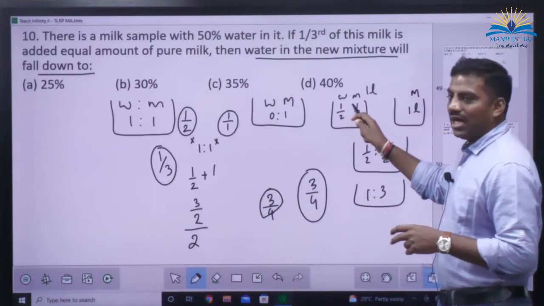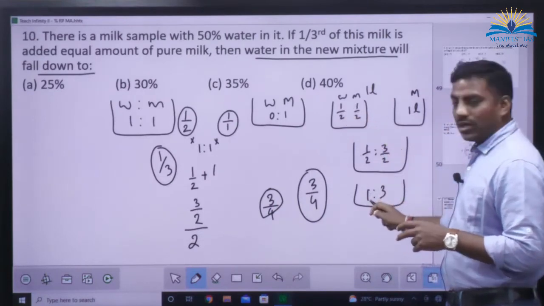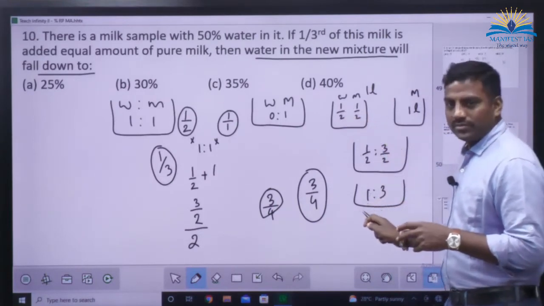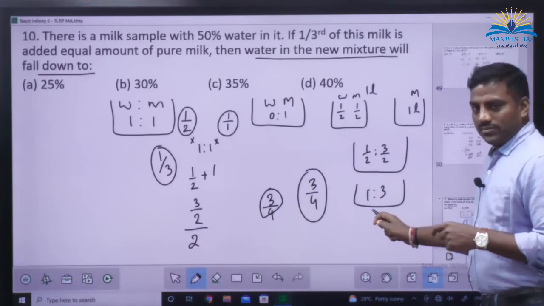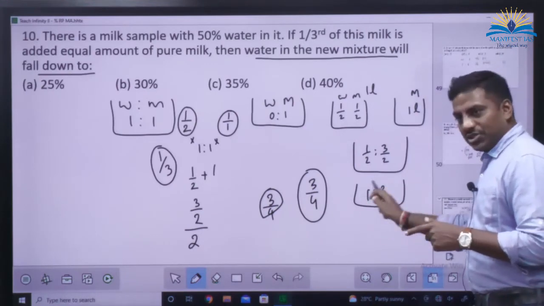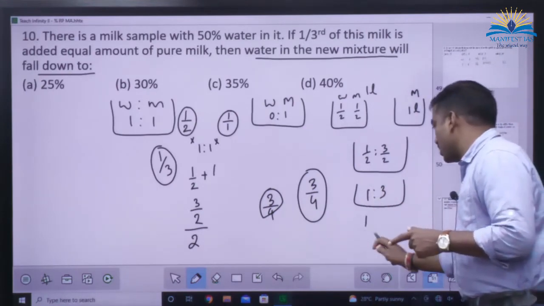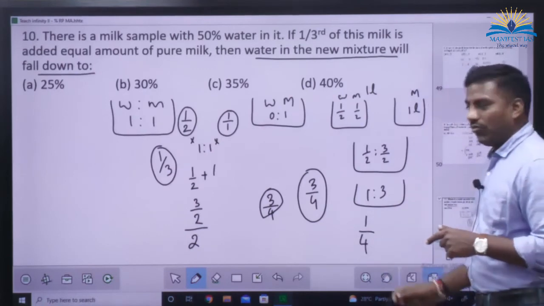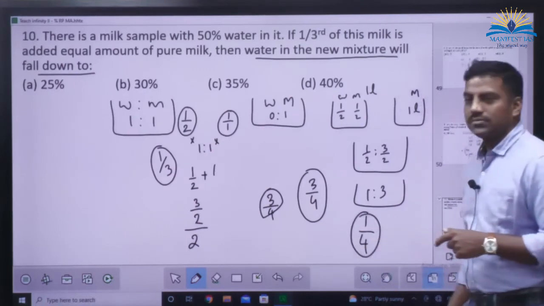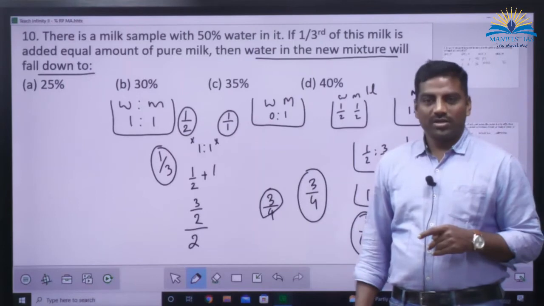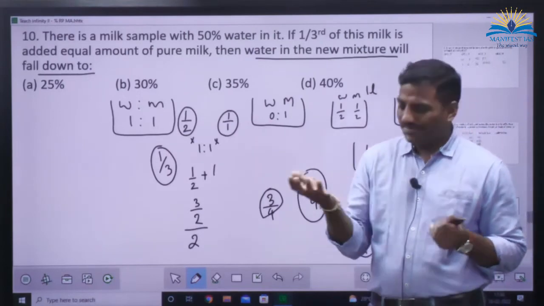Earlier half milk, half water was there. Now in the entire mixture, that is 4 parts, 1/4 is water. See, simple.